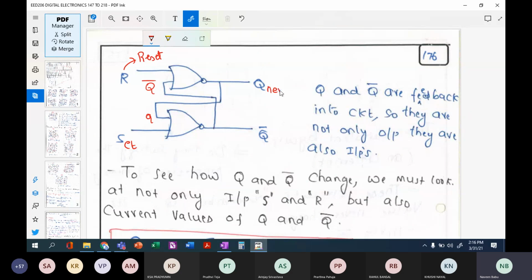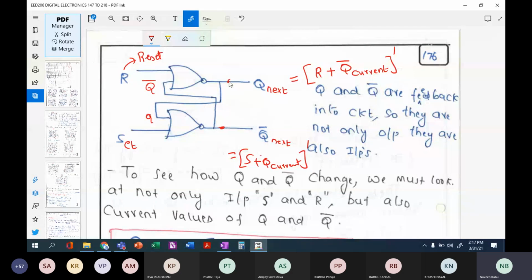So your next Q bar value can be written as R plus Q current, the whole bar. Why? Because this is a NOR gate. Similarly, this Q next can be written as S plus Q bar current, the whole bar, because this is a NOR gate. I'm just writing the Boolean expression at this particular point.